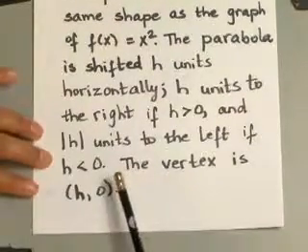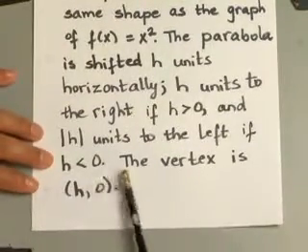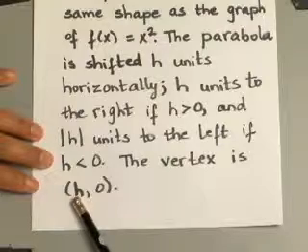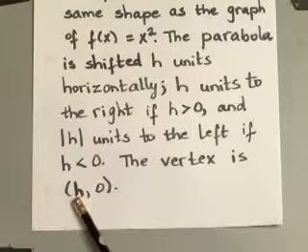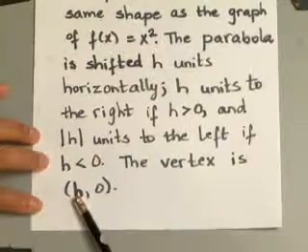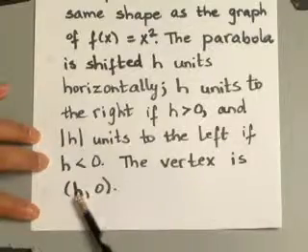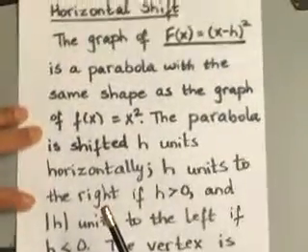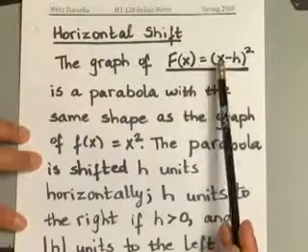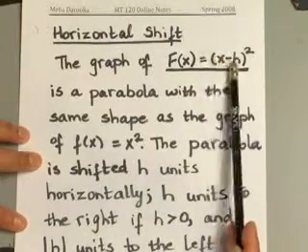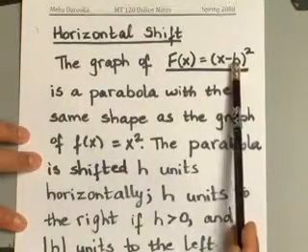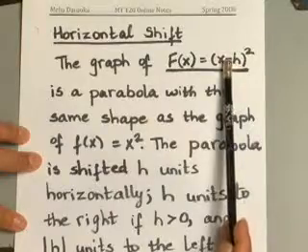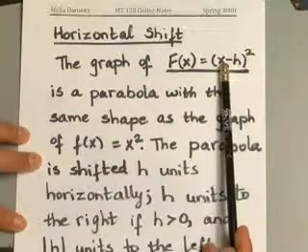And of course, your vertex is going to change. This time, your h will be the x coordinate, so your x coordinate will change by whatever this value of h is. Now what you need to keep in mind is that your function here is x minus h. So when h is a positive number, this sign will continue to be negative.